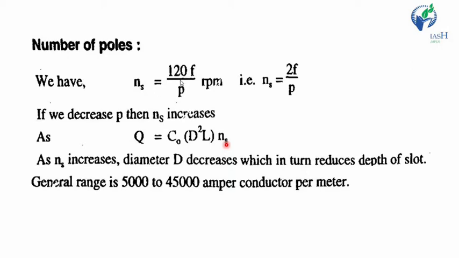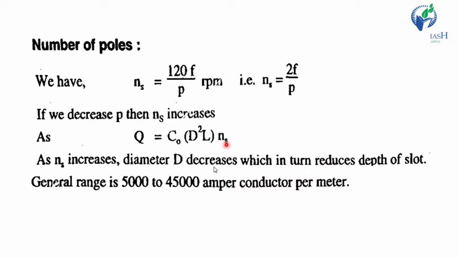The number of poles decreases, speed will increase, and if speed increases, from the output equation Q is equal to C0 d square L n, if speed Ns increases, at that time diameter d will decrease, because Ns is inversely proportional to d square L.